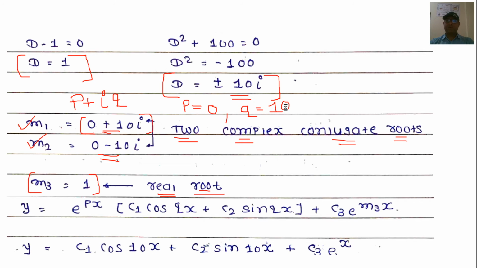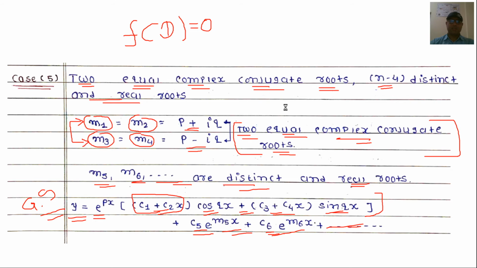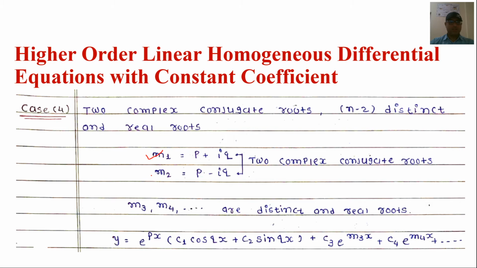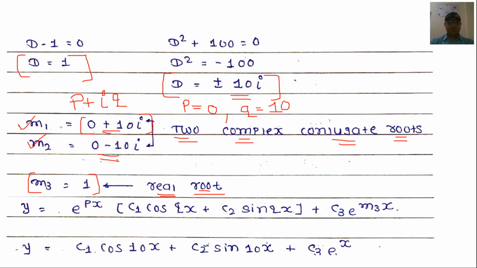Now according to case number 4 that we have discussed, suppose we have m1 is equal to p plus iq. This is m1 and m2, and m3 we have m3 is equal to 1. So the solution is given by y is equal to e raised to px, (c1 cos qx plus c2 sin qx) plus c3 e raised to m3x.